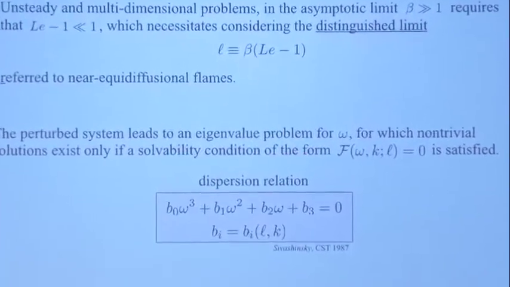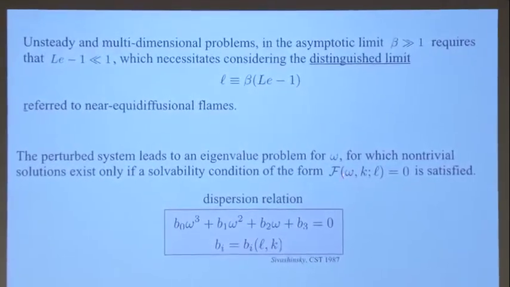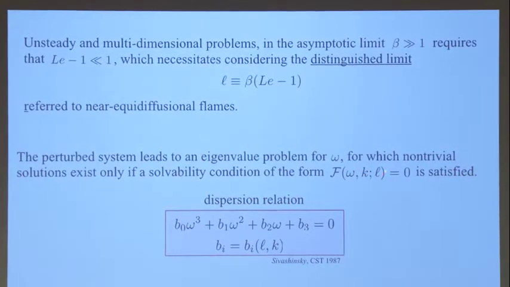So anyway, the idea now is to find the dispersion relation, which is the growth rate as a function of the only parameter in the problem, which is the Lewis number or the deviation of Lewis number from 1. And you crank through the analysis. It's not as simple as the previous one, but it's not that difficult.